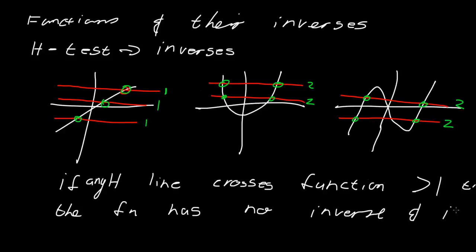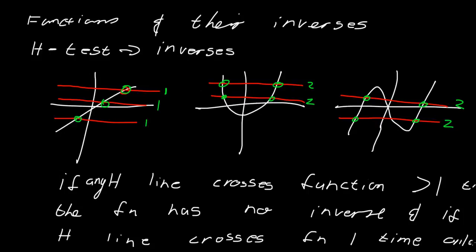And if a horizontal line crosses the function one time only, then the function has an inverse.